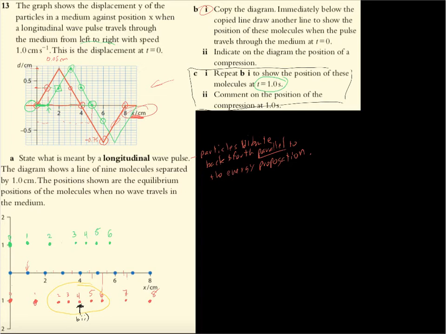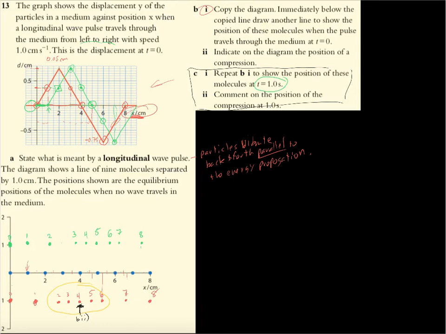The guy at 7 has a bigger displacement, so 7 is going to be all the way over here. All right, and then 8 has a negative 0.35, so he's not going to be quite as far. There we go, and you can now see what's happened with each of the particles, right?